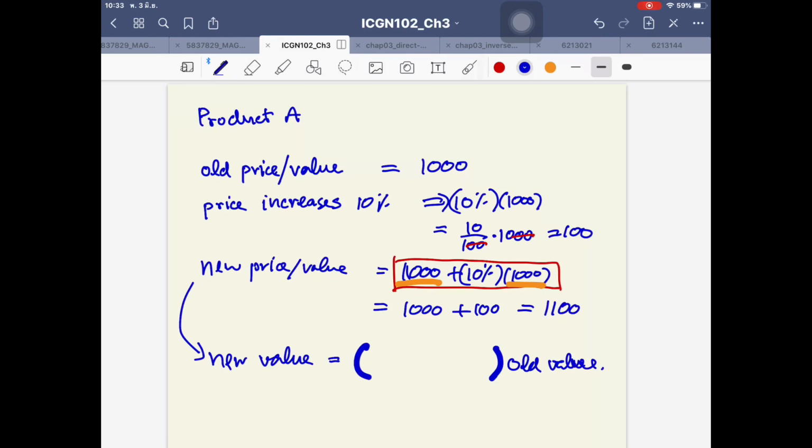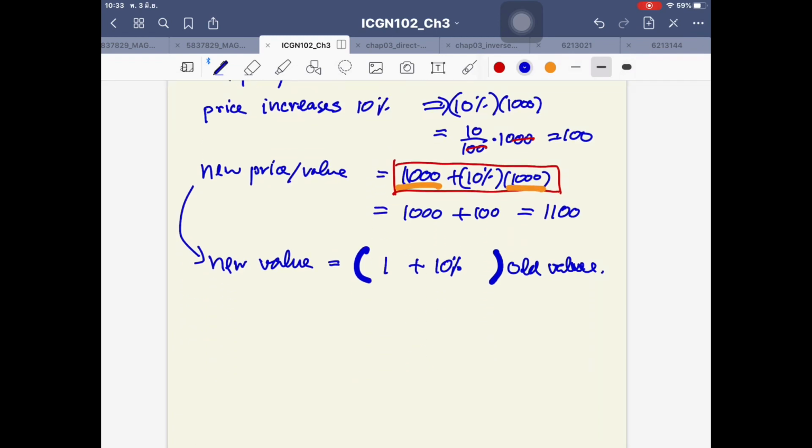What is left inside will be 1 plus 10%. Here we can make it 1 plus 10 over 100, then multiply with the old value.